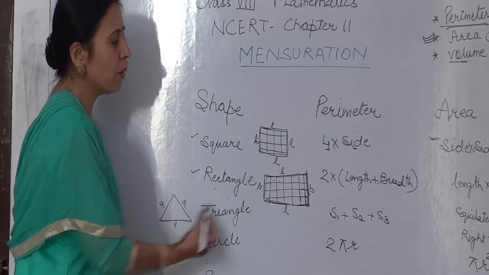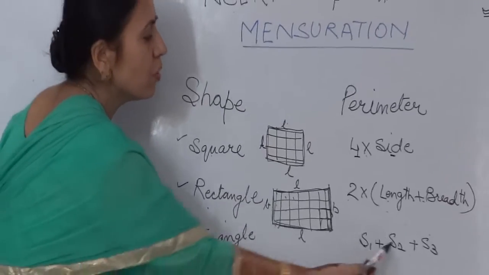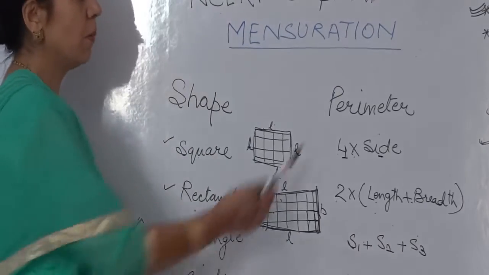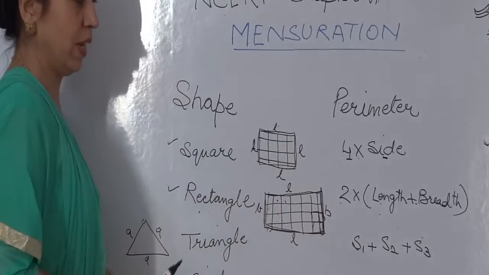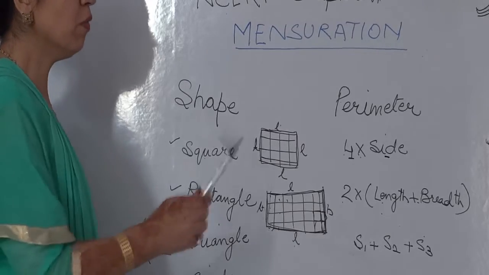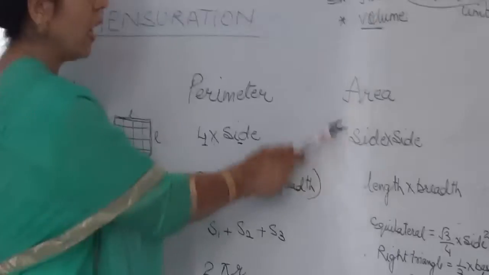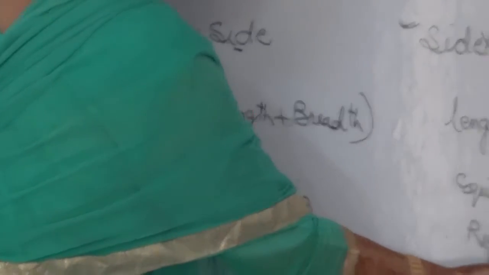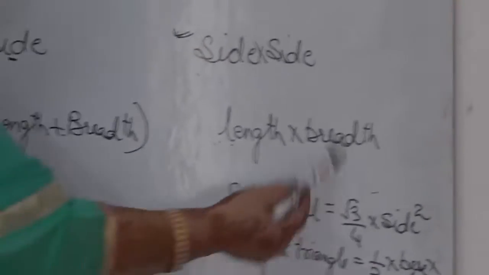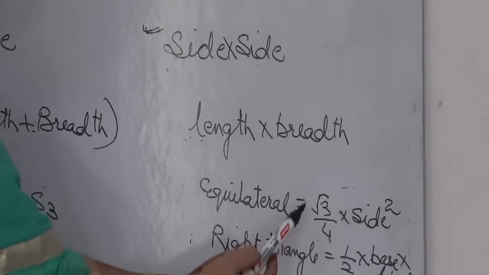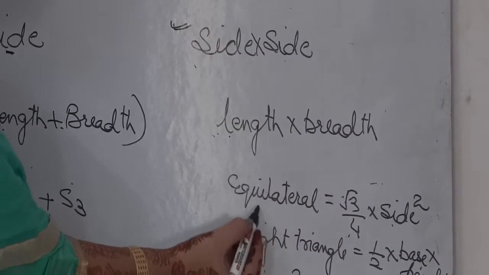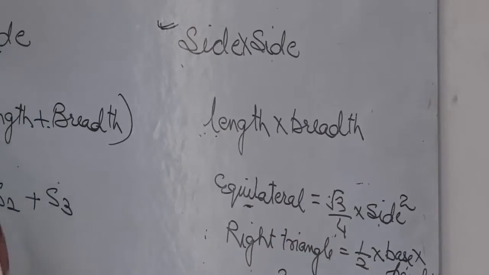Now when you talk about the triangle, in general we write that sum of all three sides makes the perimeter of the triangle. And individually, when you talk about the area of the triangle, the formula is root 3 upon 4. I will be teaching you later how these formulas are formed. Root 3 upon 4 multiply side square is the area of equilateral triangle.